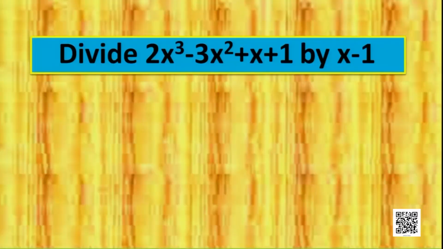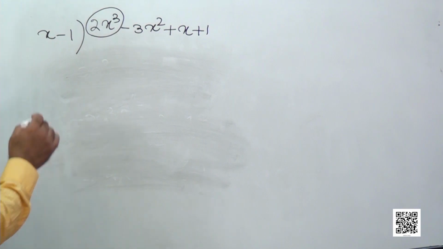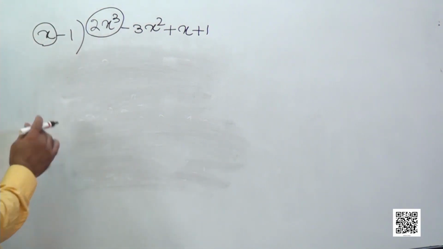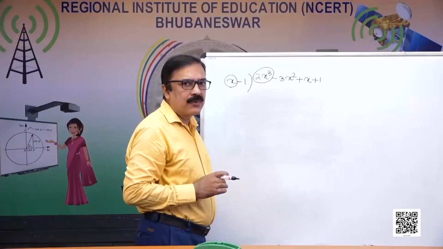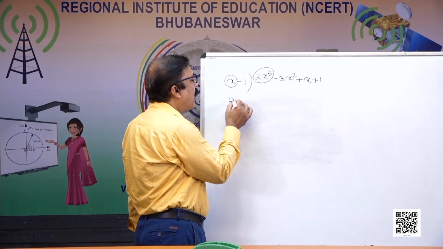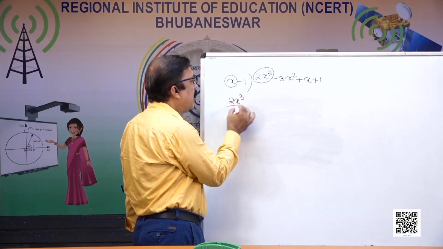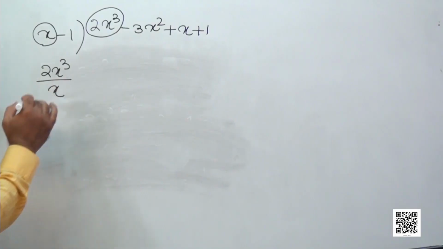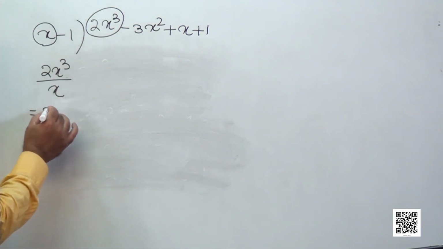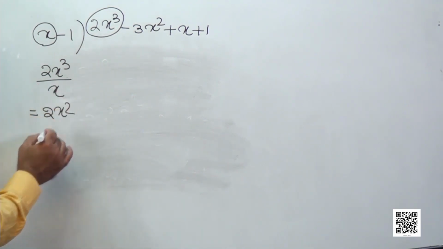Now identify the first term of the dividend and the first term of the divisor. To get the first term of the quotient, we have to divide the first term of the dividend by first term of the divisor. Clearly it is seen that it is 2x square.